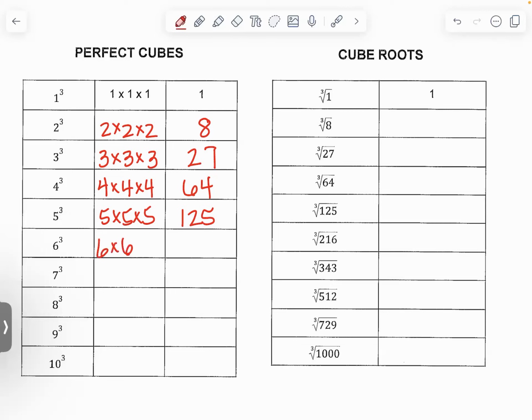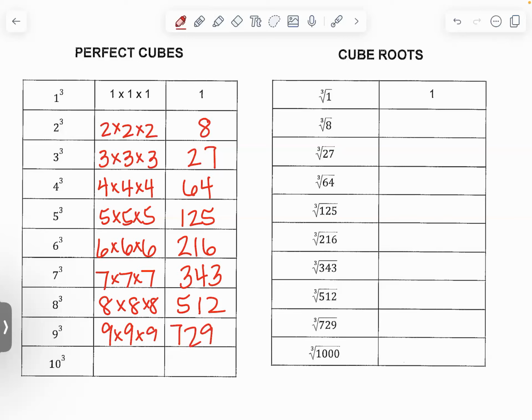6 cubed is 6 times 6 times 6, which is 216. 7 cubed is 7 times 7 times 7, which is 343. 8 cubed is 8 times 8 times 8, 512. 9 cubed is 9 times 9 times 9, which is 729.